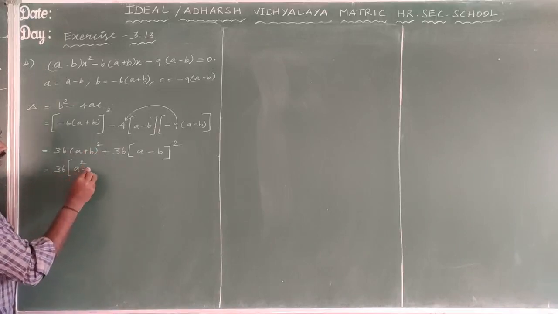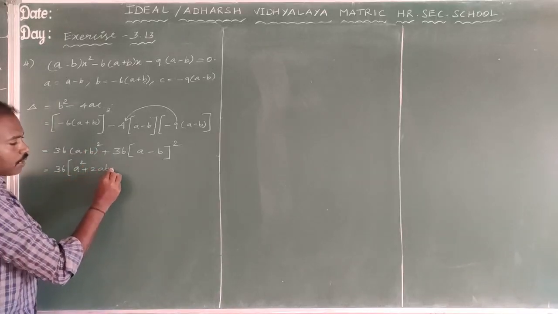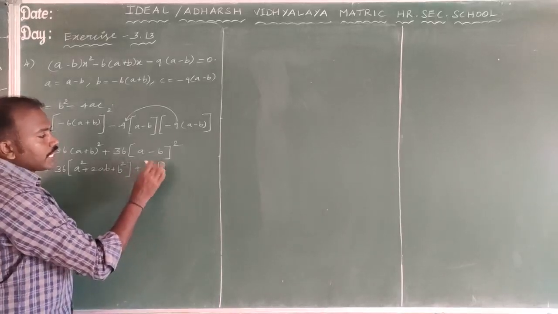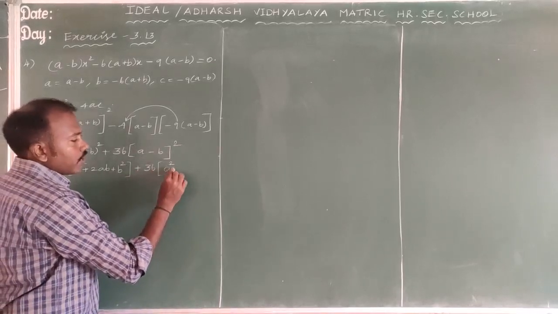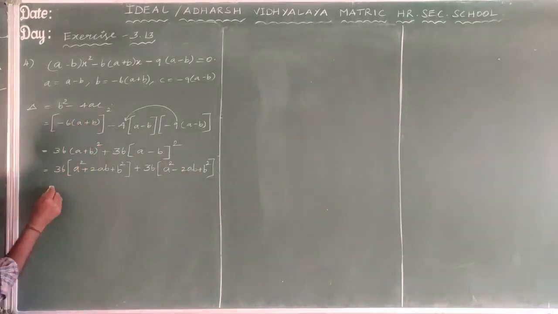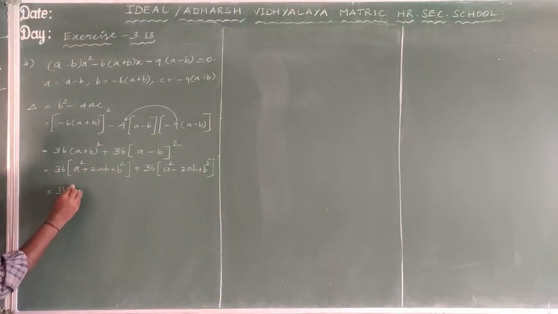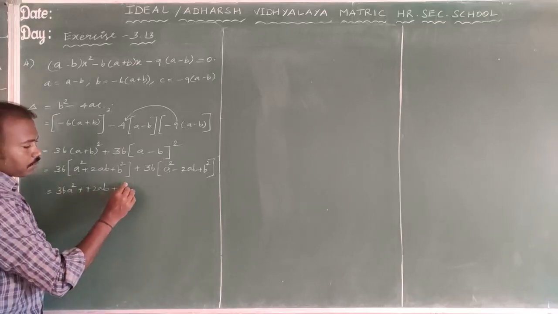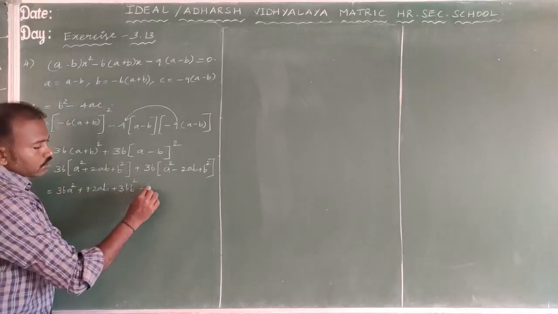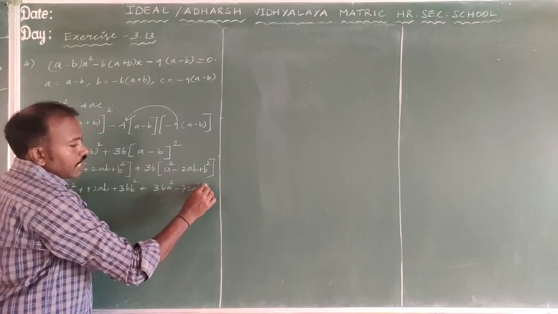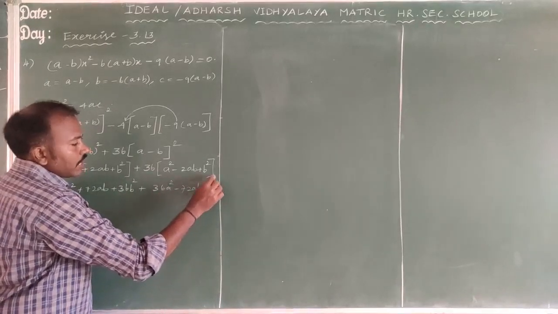We know the formula a square plus 2ab plus b square, plus 36 into a minus b the whole square. So a square minus 2ab plus b square, that is 36 a square plus 36 twos are 72 ab plus 36 b square. Also 36 a square minus 72 ab plus 36 b square.